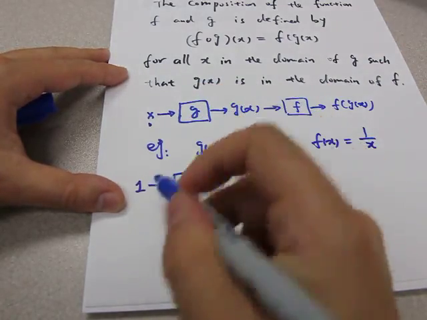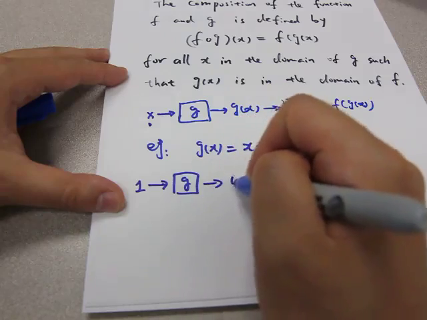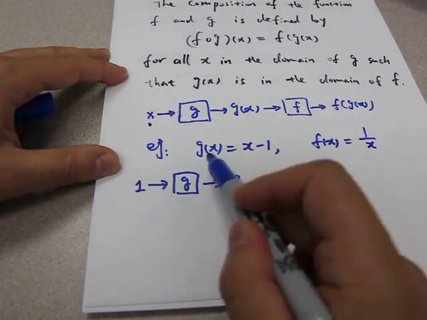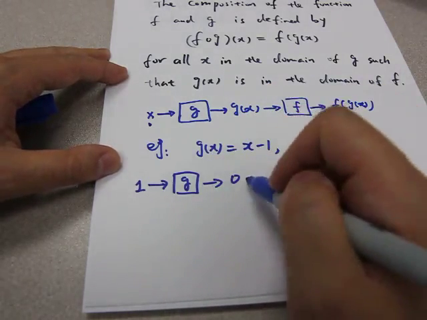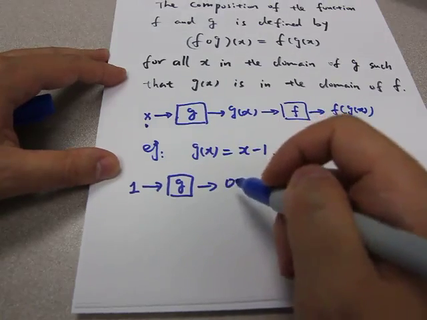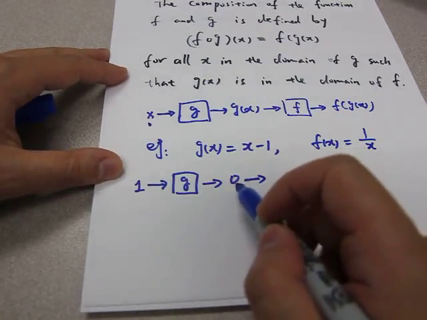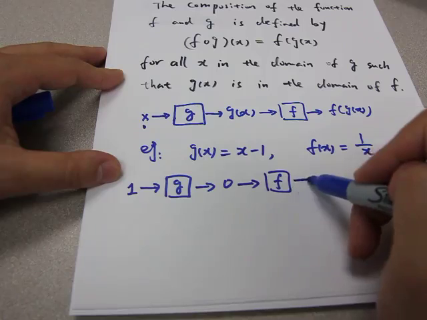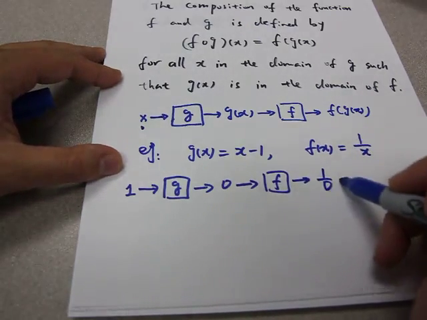If I use 1 as input, g(x) will generate the number 0, which is okay, right? So that means 1 is in the domain of g(x). However, if we use this number 0, which is generated by 1, as the input of f, we're going to generate 1 over 0, and this is undefined.